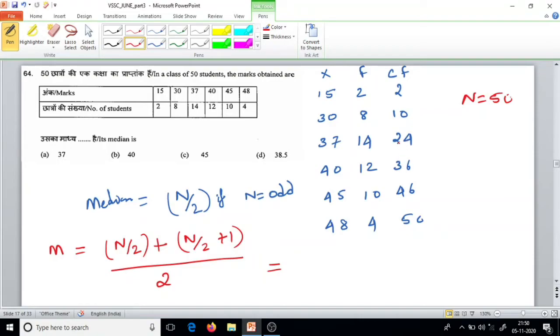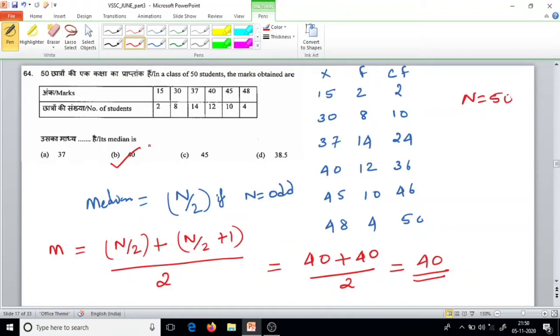The n by 2 plus 1 term is also 40 only, because after 24 up to 36 it is 40. So 40 plus 40 divided by 2, the answer is 40. So 40 is the median, option B. It takes more time to explain in depth, so you can just refer to something.